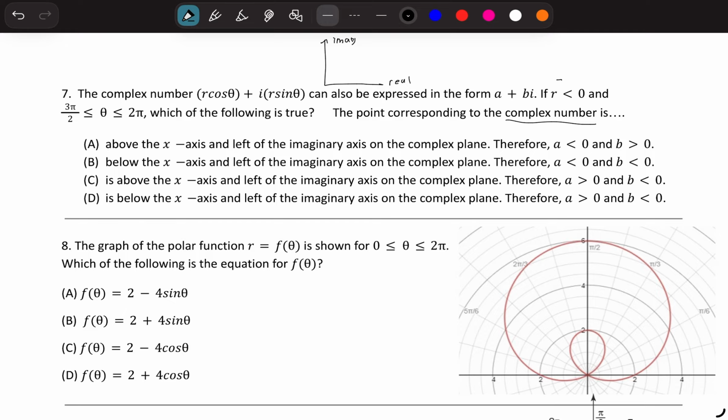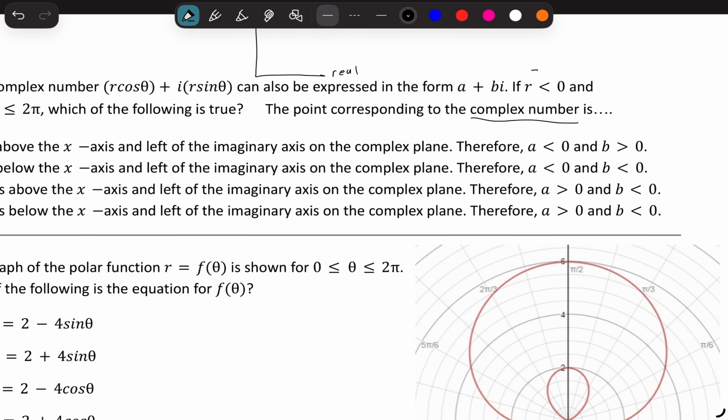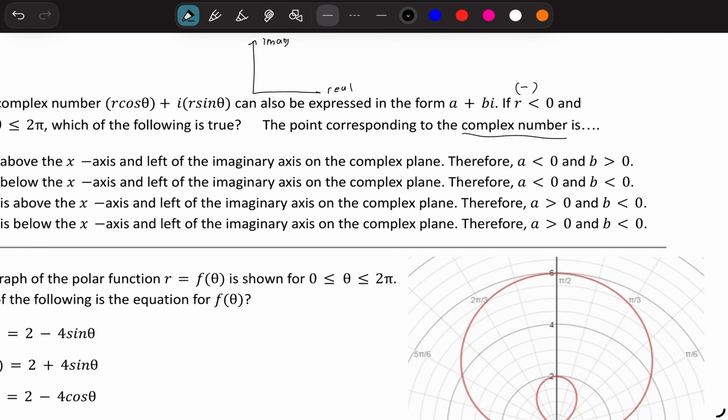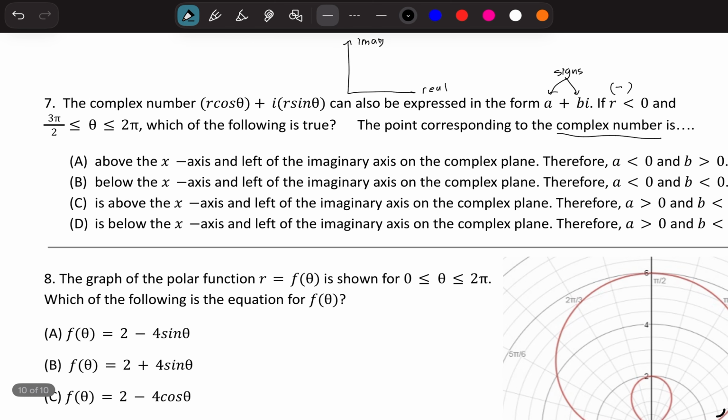So what we have is a negative r, and it has to be on this range. We need to know where this point lies, and we also need to know what the sign of a and b are. So what this interval means is we're in Q4.